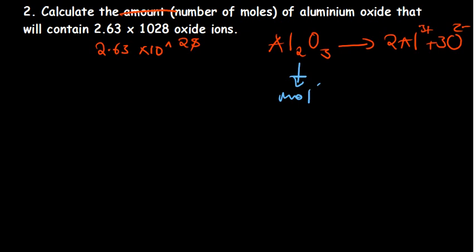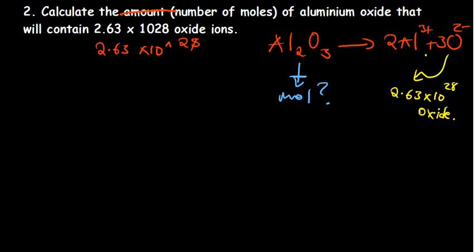That will contain 2.63 times 10 to the power 28 oxide ions. The funny part in this question is we are already told the number of ions that were produced, and those ions are oxygen. So we can come up with a formula.